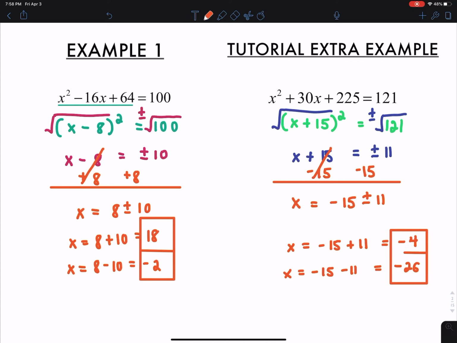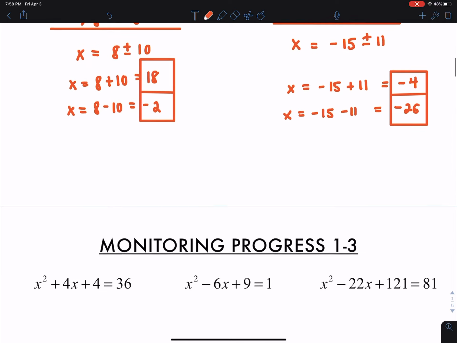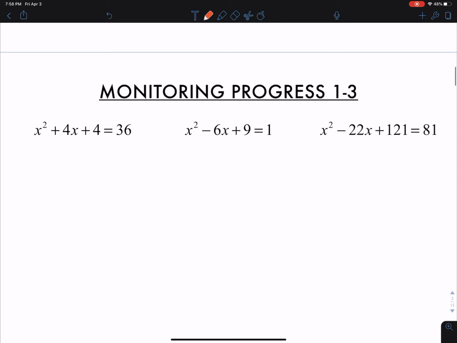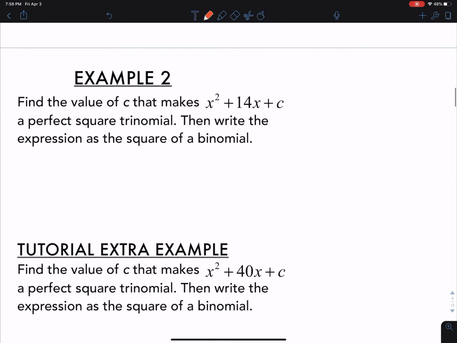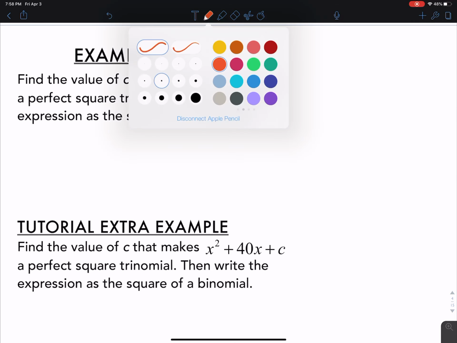And that's going to be how you solve if your left side is a perfect square trinomial. I'm going to leave these ones for you to do and jump right into example 2.